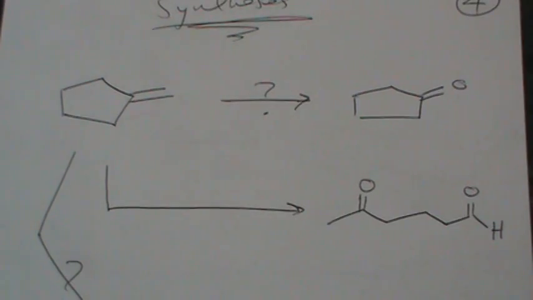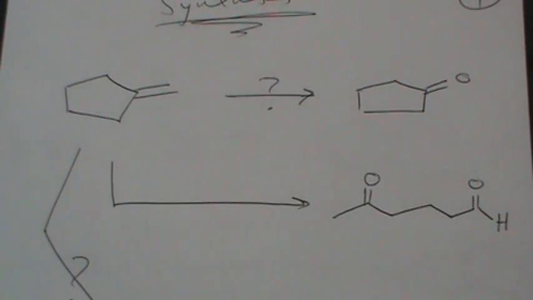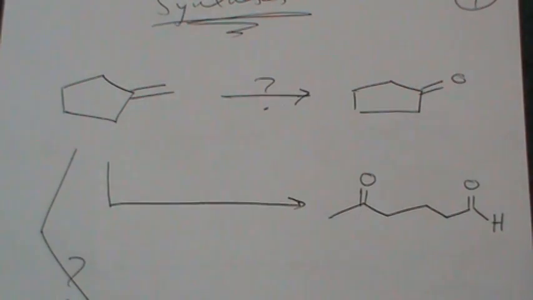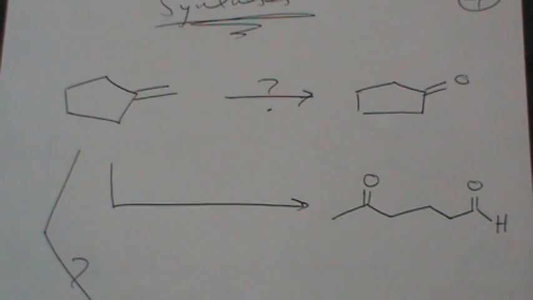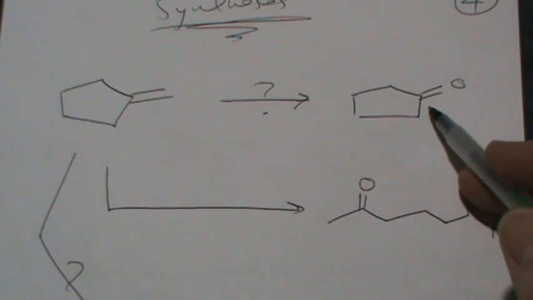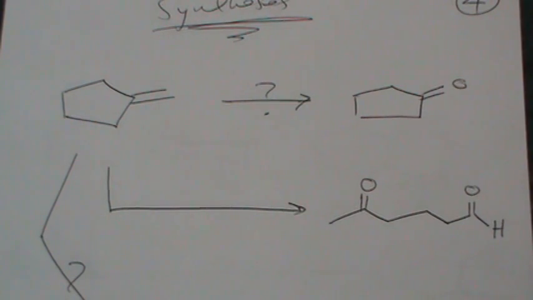Let's look at a few more synthesis problems. Here I've got this methylene cyclopentane, this exocyclic pi system once again, exocyclic double bond, and I'm going to try to turn it into a ketone. This looks like an ozonolysis reaction.